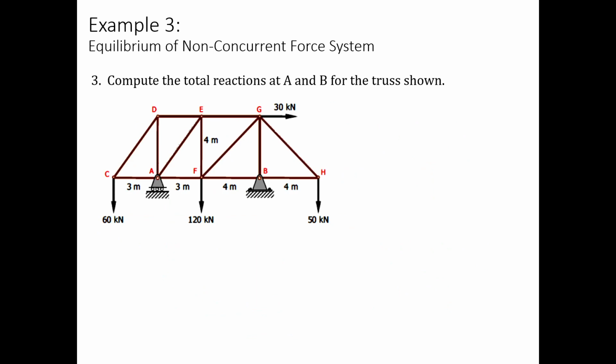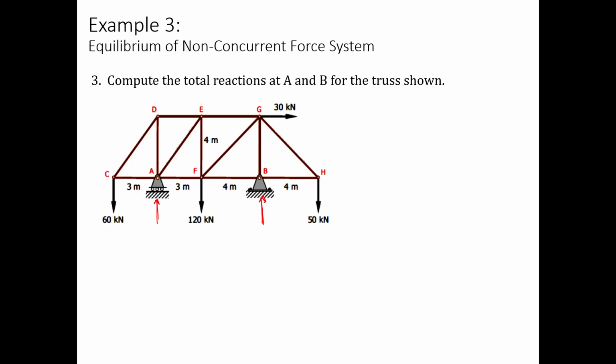Okay, so last problem before we dismiss. After this one, I already published the assignment in Canvas. So again, this one is a roller, and this one is a hinge, so vertical.